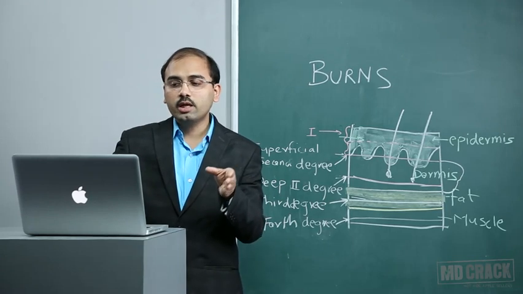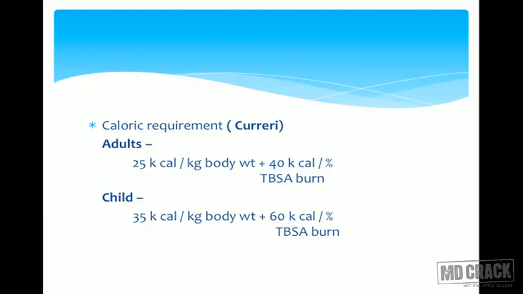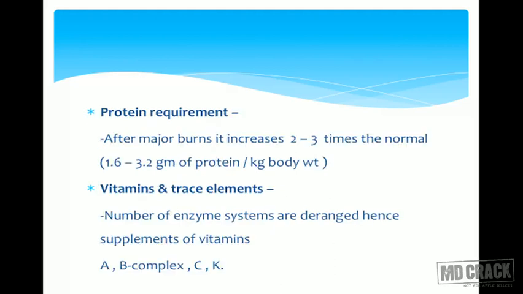In children, they are calculated as 35 kilocalories per kilogram of body weight plus 60 kilocalories per total surface area burn. So 60 into total percentage of burns plus additionally 30 kilocalories per kg. Protein requirements after major burns will increase up to 2 to 3 times of the normal, that is 1.6 to 3.2 grams of protein per kg body weight.